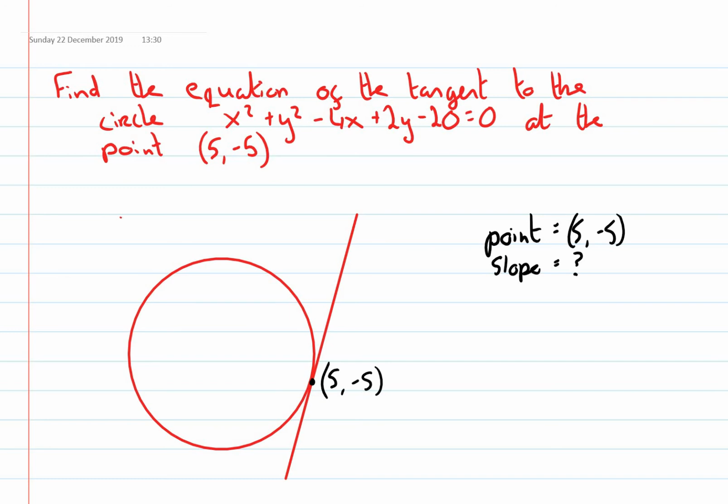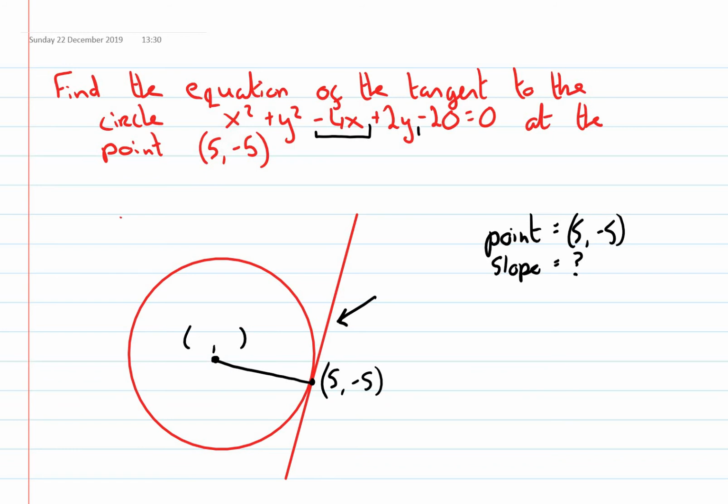However, if I could find the centre of this circle, draw a line to that point, and find the slope of this, well then I'd know the slope of the tangent would be perpendicular to the slope of that. So all I do is get the slope of this, flip it upside down, change the sign, and I'd have the slope of the tangent. If I had the slope of the tangent, I could find its equation very easily. So the first thing I need to do is find the centre of this circle.